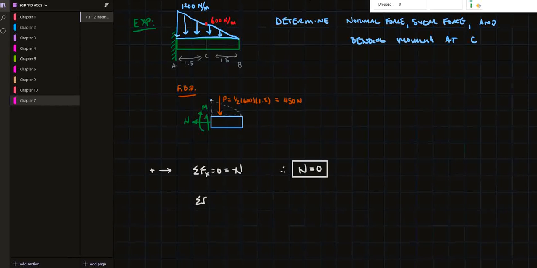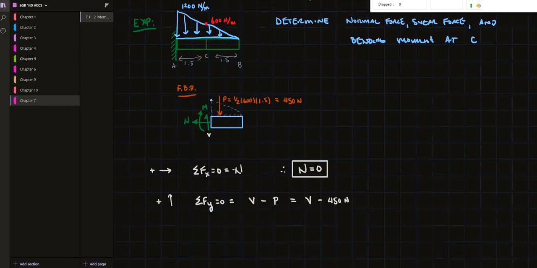And let's sum forces in the y, set them equal to 0. Let's call this direction positive, as you might imagine. So this is V. So we have V minus P, which is the same thing as V minus 450 newtons.